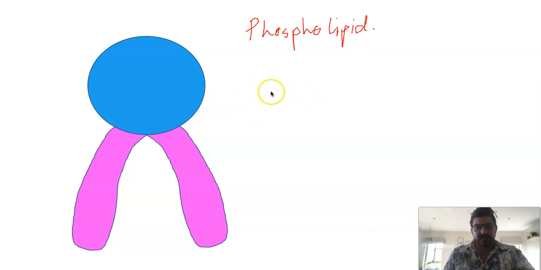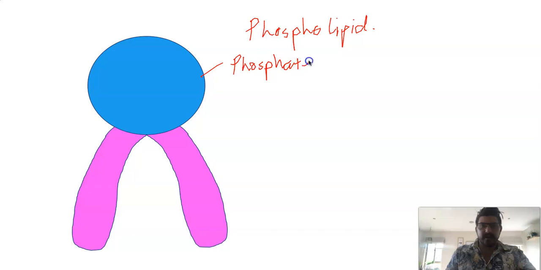It's made up of two parts. The first part is a phosphate group, and a lot of biologists and biology teachers will call this a phosphate head, and the phosphate head, because it's a phosphate group, is hydrophilic.